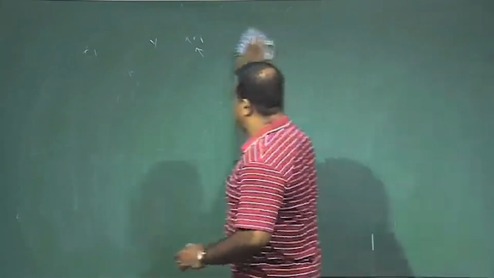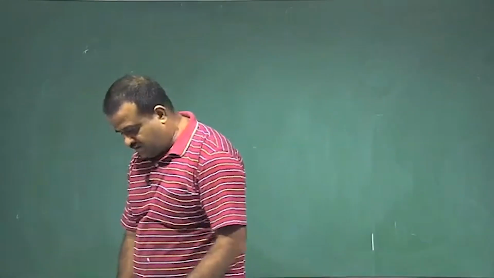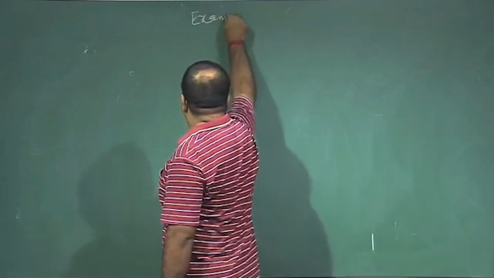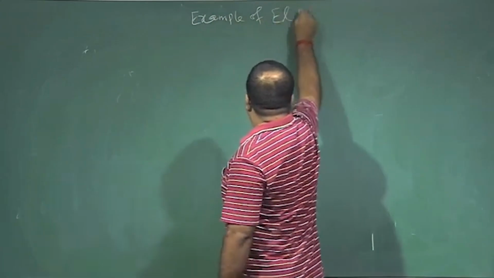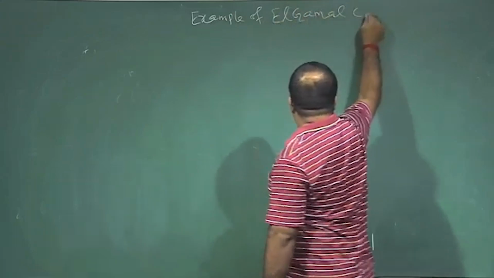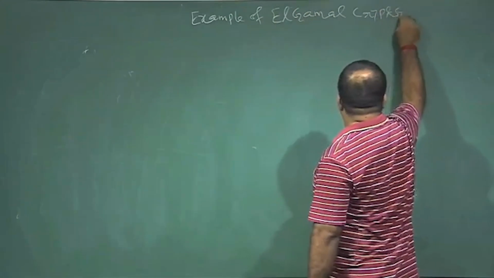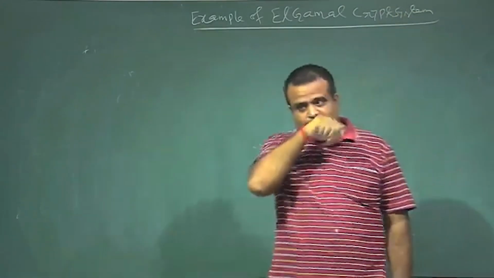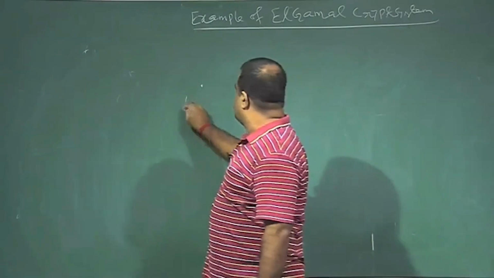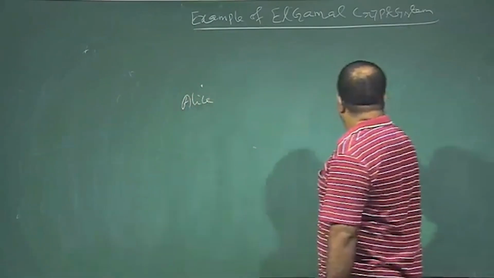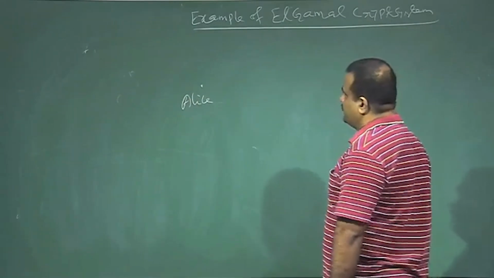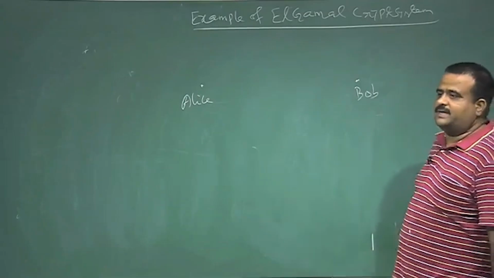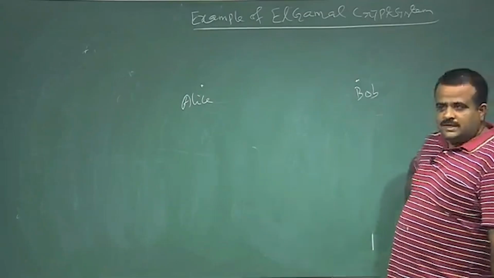Okay, so now let us take a quick example to see how it is working. We want to take some values. So this is the example of the ElGamal crypto system. Again we have to run the setup phase.